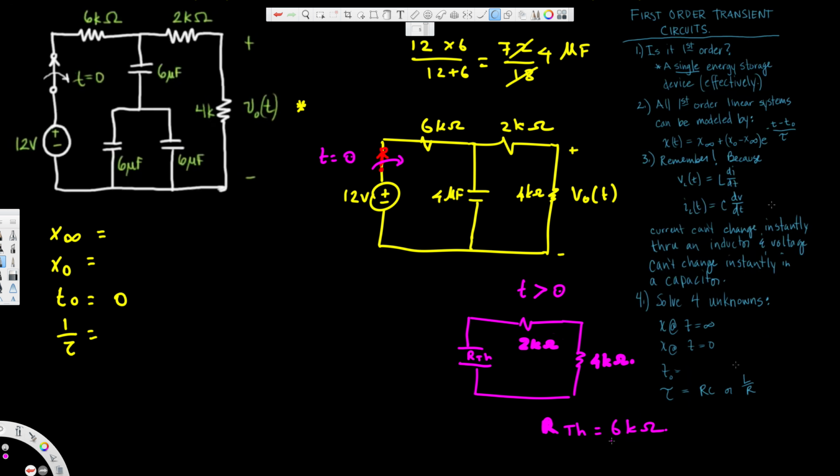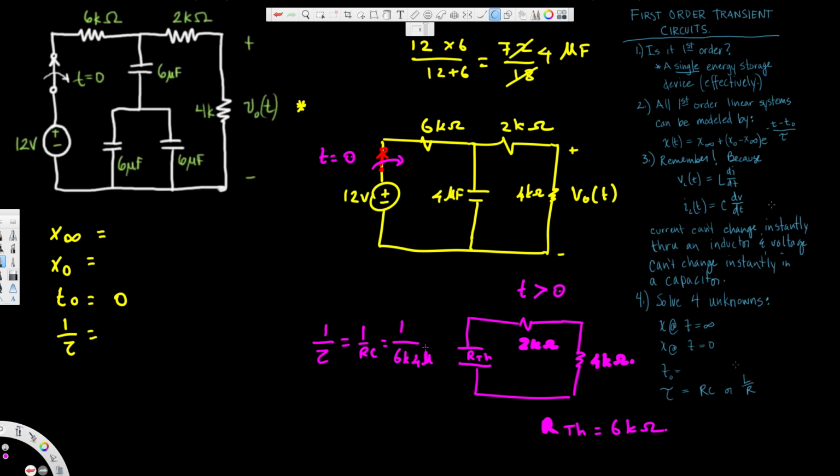So if R Thevenin is 6 kilo ohm, we know that time constant is RC, and we are trying to find 1 over tau. So 1 over tau is going to be equal to 1 over RC, and R is 6 kilo ohm, and the capacitance right here is 4 microfarad.